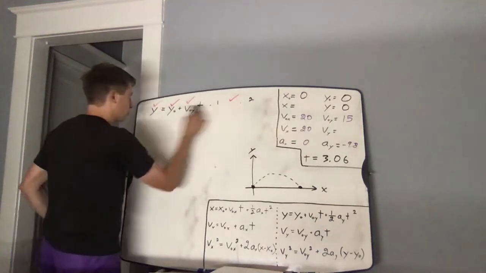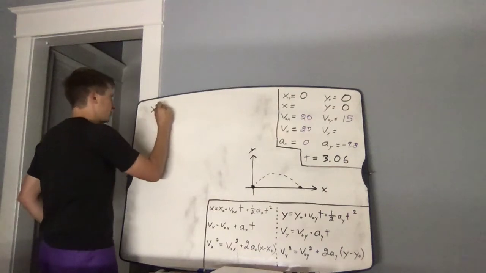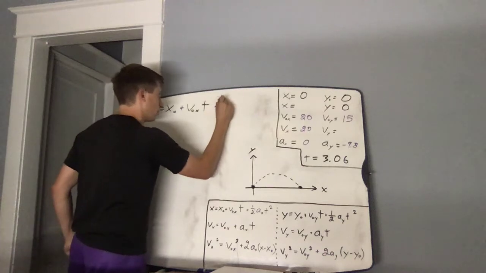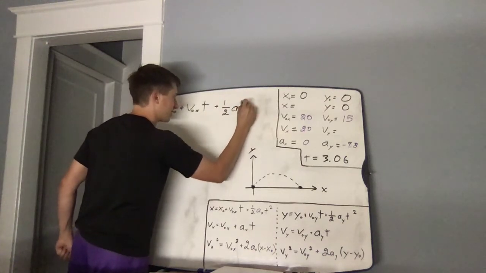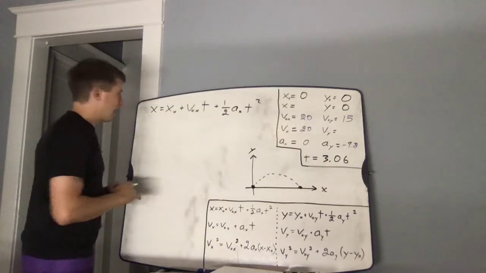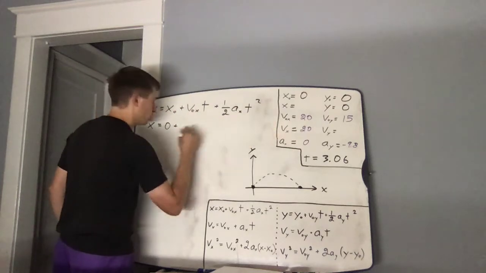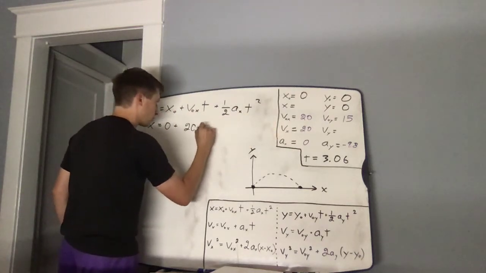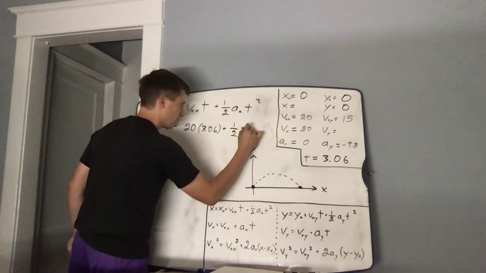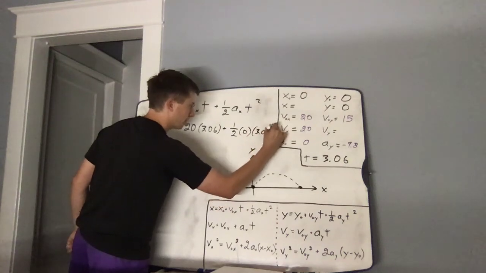So now I am going to write x final is equal to x initial plus v initial x t plus 1/2 a x t squared. And just like before, I have x final is equal to 0 plus 20 times 3.06 plus 1/2 times 0 for a x times 3.06 squared.